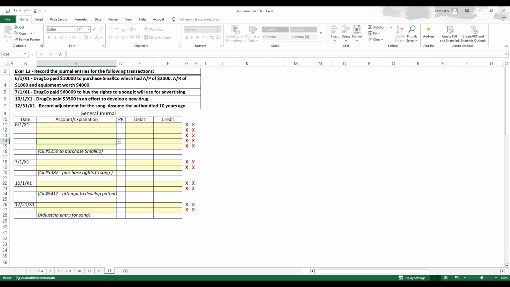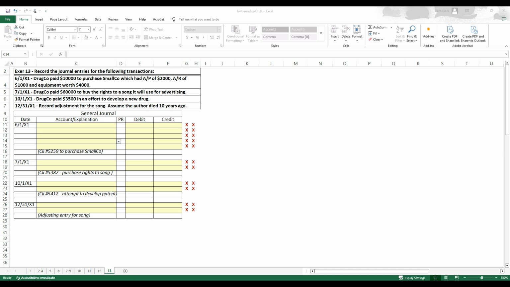Okay, so now we've got some amortization problems. Generally speaking, very similar to depreciation problems. Typically, we're always using straight line.